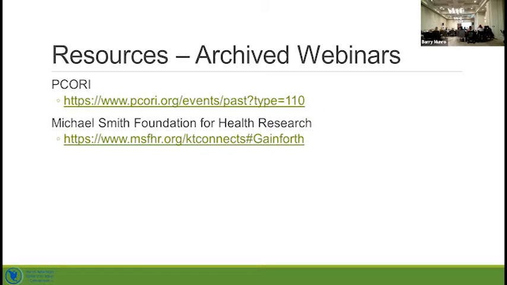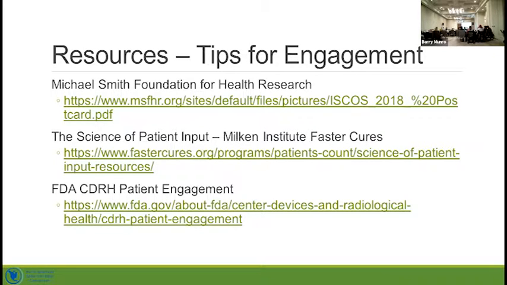The next one is that there are different tips for engagement. The Michael Smith Foundation has a lot of tips. The Science of Patient Input from the Milken Institute's FasterCures is a really good resource. And Jen was invited to an invitation-only workshop in mid-September on this exact topic of building capacity for different disease populations to be engaged in the research process.